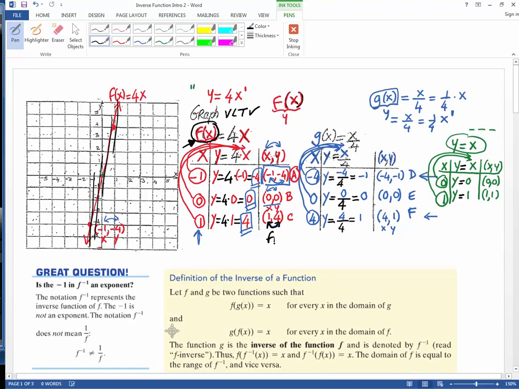So f and g swap x's and y's. You can see that f and f inverse swap x's and y's. What else do they swap? Since the domain is related to x and the range is related to y, if f and f inverse swap x's and y's, they surely swap domain and range as well.